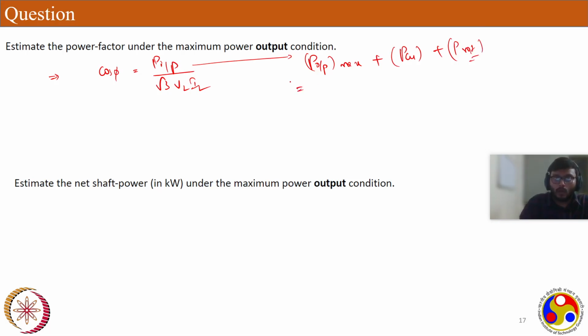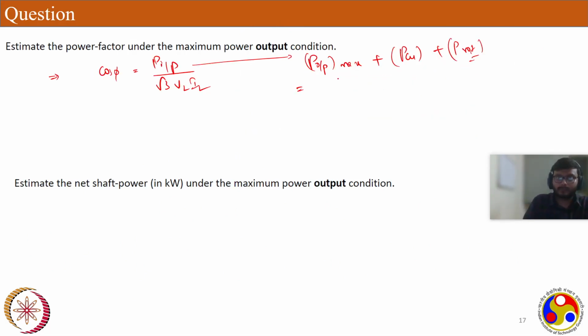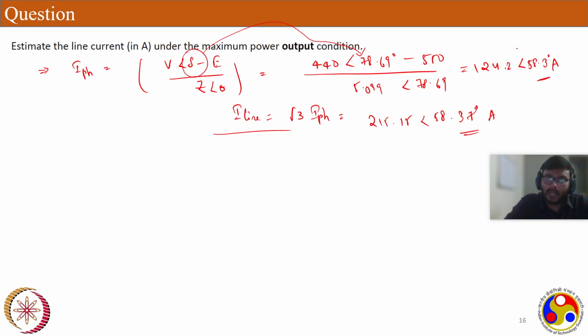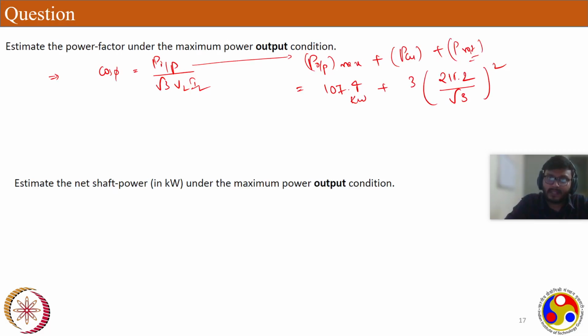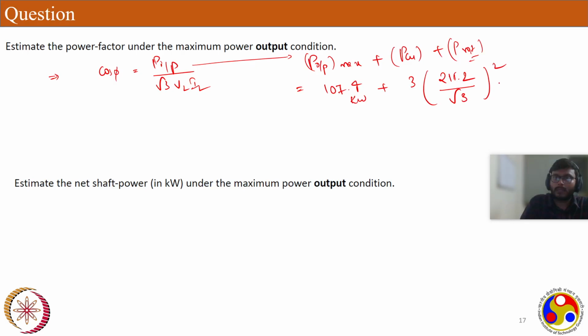Now the maximum output power we have calculated is 107.4 kilowatts plus 3 I square R, where I is the phase current 215 by root 3, that is 124, and R is 1. Rotational losses is 1 kilowatt. This should be in kilowatts. Now let's calculate this, how much we are getting.